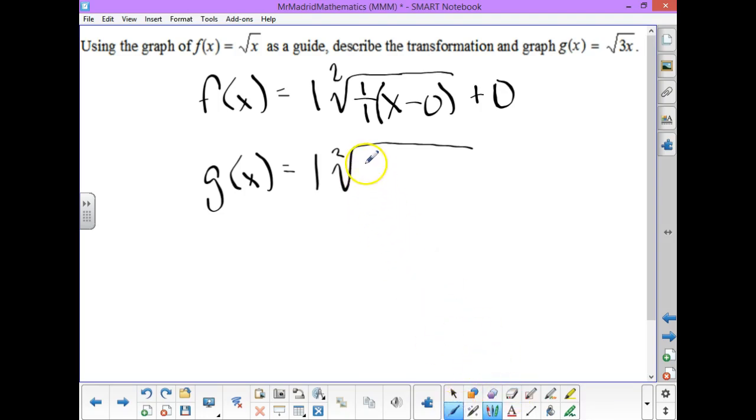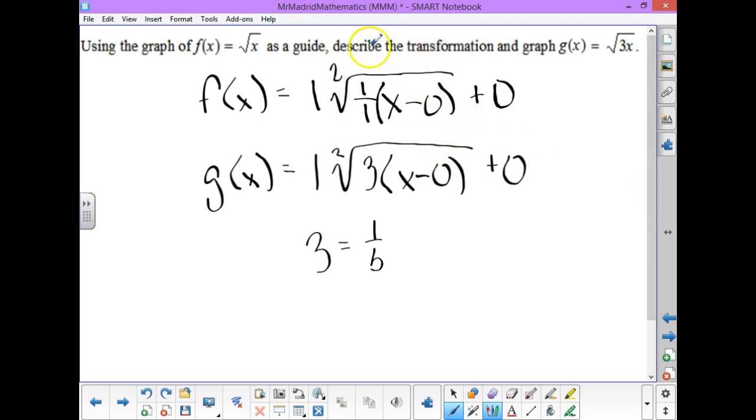There's nothing here, and out here there's nothing. So really our focus is in here. Where I have the 3, that's the 1 over b portion. Everything else is standard, so I don't have to say anything.